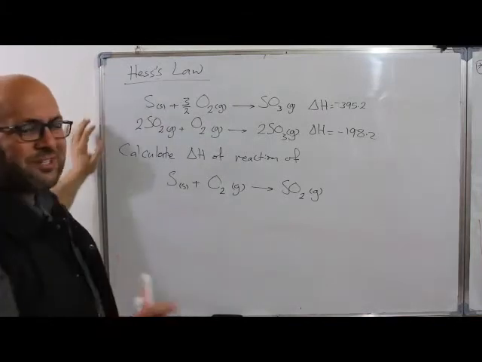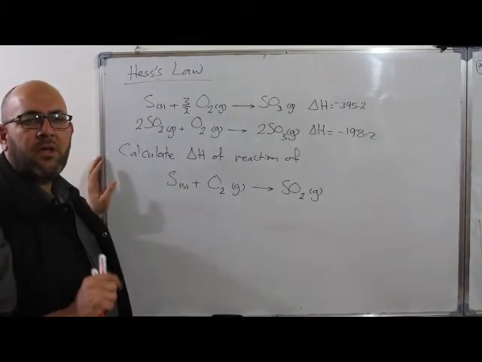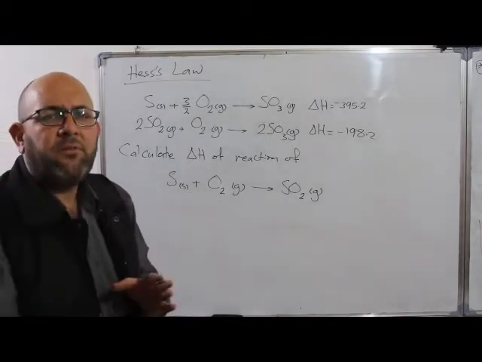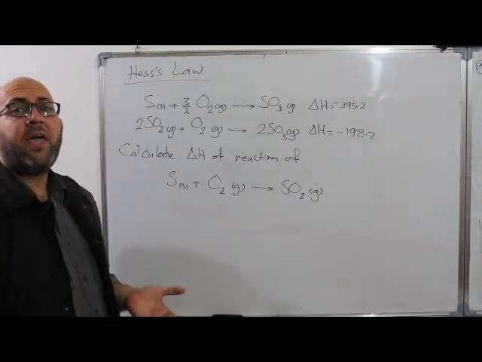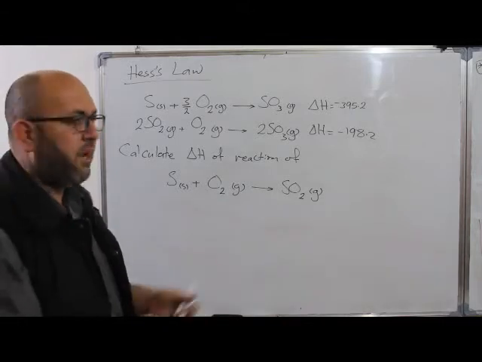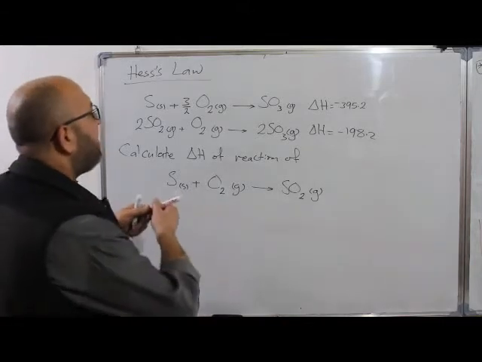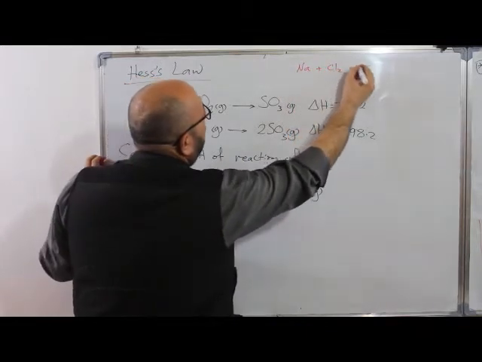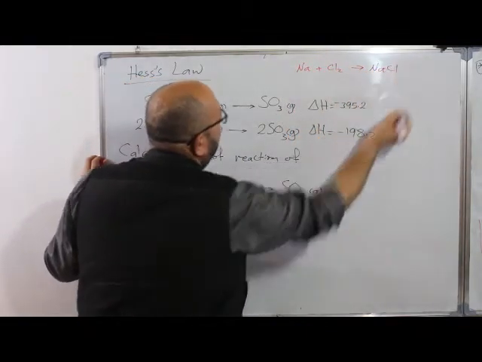here, but just modify those equations by multiplying it, by dividing it, by flipping it in a certain way, applying the concepts of chemistry. For example, Na plus Cl2 produce NaCl.